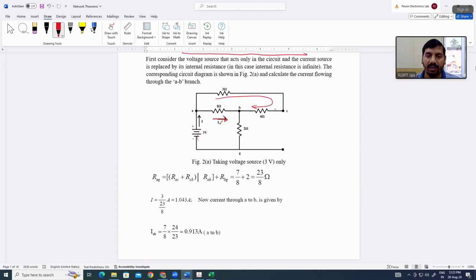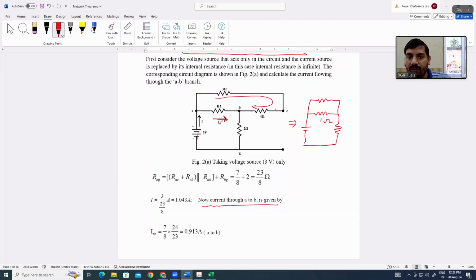Okay, so the current through AB, we have to ultimately identify the current through AB. If you simplify, the circuit will look like this: this is a voltage source, this is a resistance, this is also a resistance, and a series combination of these two.